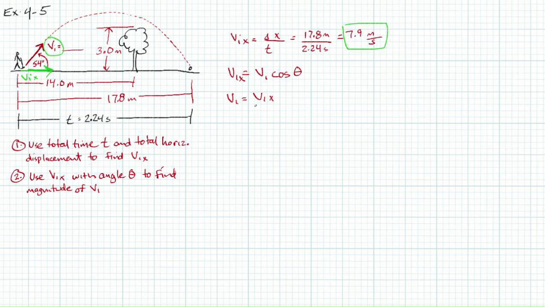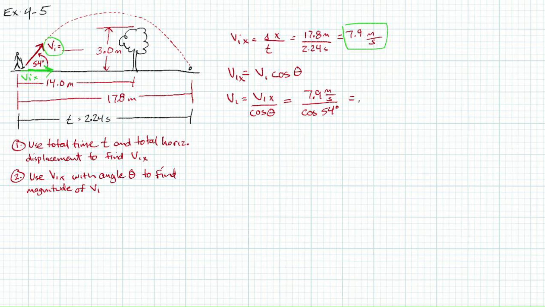VI in the x direction divided by the cosine of theta. That will give us the magnitude of the initial velocity as it leaves the golfer's club. So we just calculated the initial velocity in the x direction. That's right here, 7.9 meters per second. And we're going to divide that by cosine of theta. And theta in this case is 54 degrees.